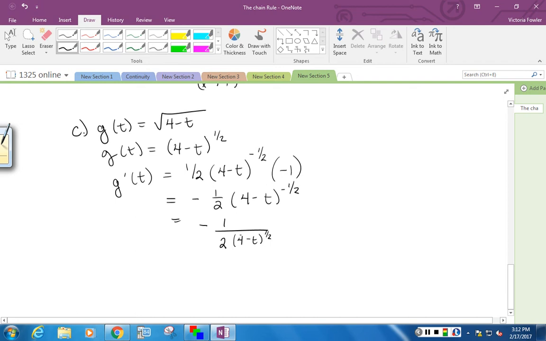And then, of course, there are further things that I could do. So perhaps we rewrite that using the radical symbol. And perhaps from here we decide to rationalize the denominator. Okay, so these are all options we have. But what's important right now is that I can use the chain rule. I can identify when to use it, and I am able to do so.